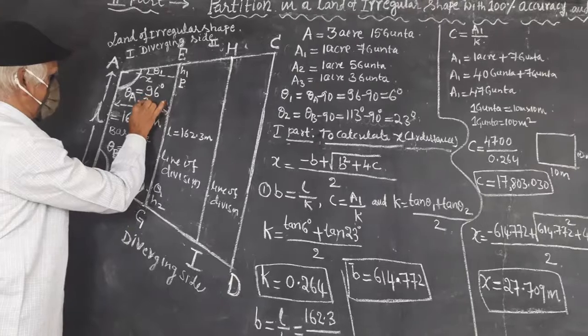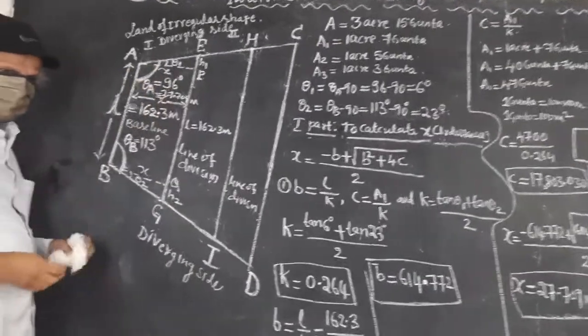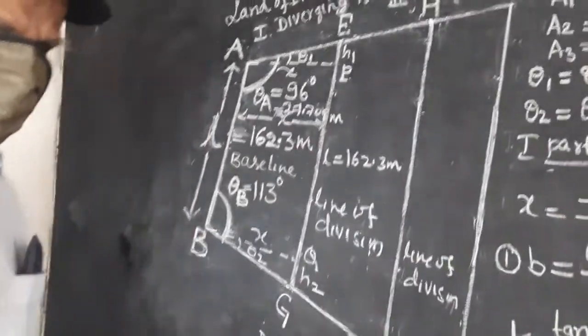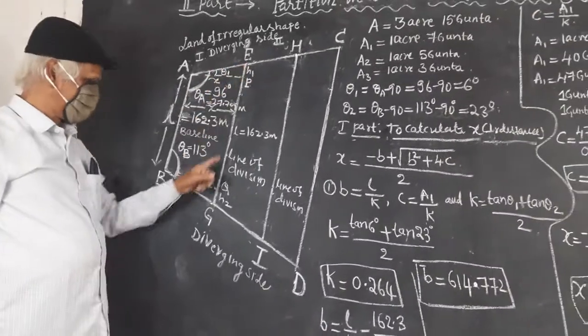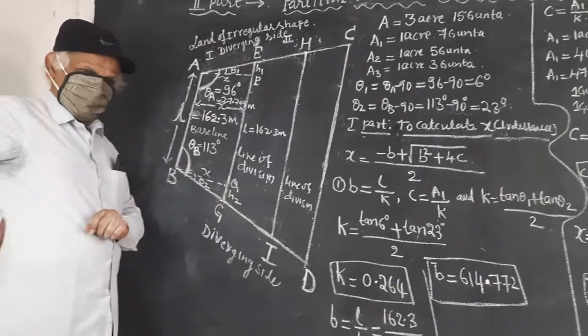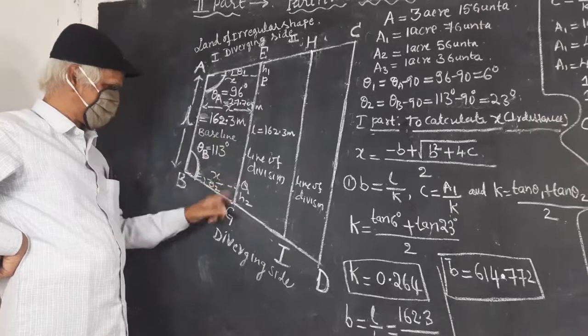So this is equal to 27.709 meter. So the next step is, let us find the length of the line of division, that is EG.